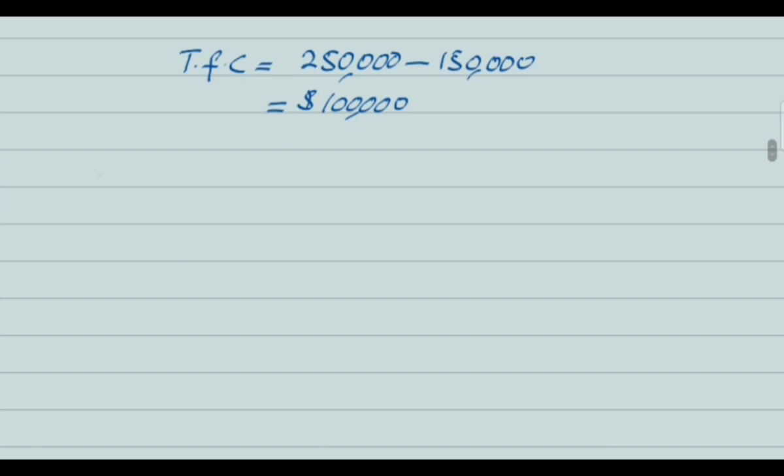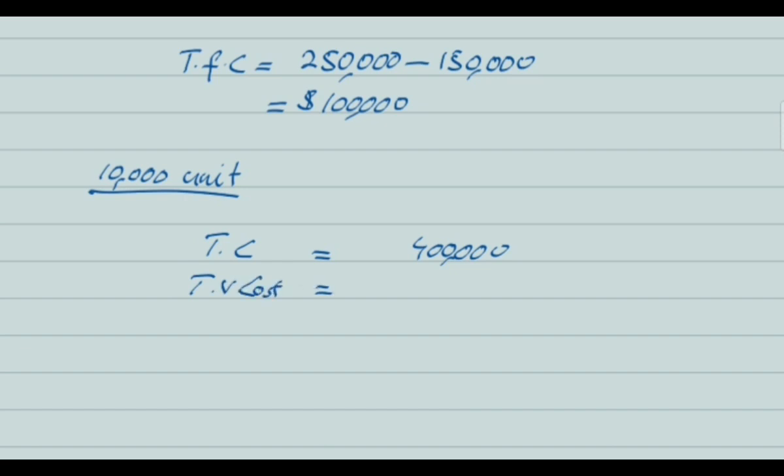You can also take 10,000 as your activity level. Your fixed cost would then be: total cost at 10,000 activity level, as given in the question, is 4 lakh. Total variable cost at 10,000 activity level would be $30 per unit multiplied by 10,000 units, and it would be 3 lakh.